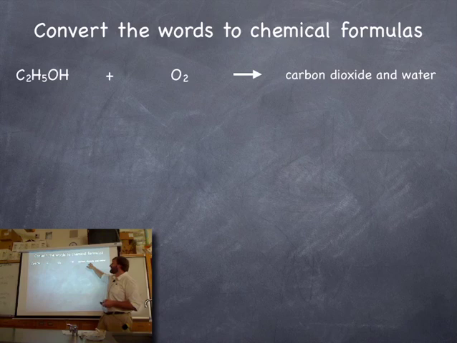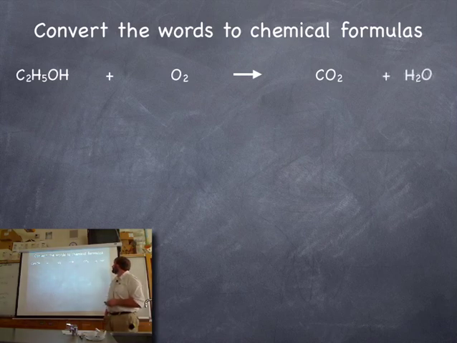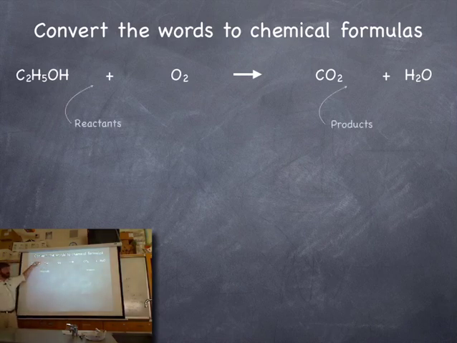So carbon dioxide, CO2, plus water. So here is our sentence. We have our reactants on the left. We have our products on the right. Okay? And so we have a chemical sentence, a chemical equation.